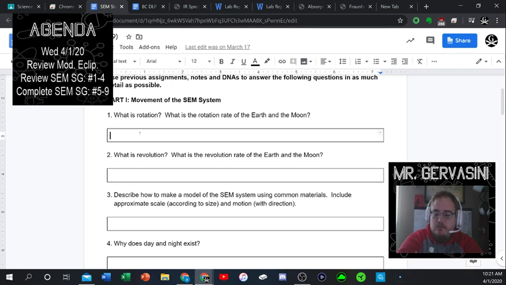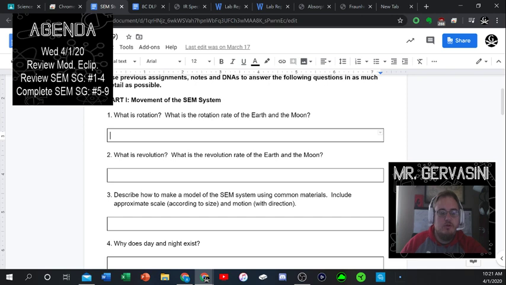Key term guide, we did come up with a definition for those 2 terms prior to us leaving school and working from home. Number 1, rotation, spinning of an object on an axis. Axis is an imaginary line that connects 2 poles. So the Earth rotates once on its axis every 24 hours.